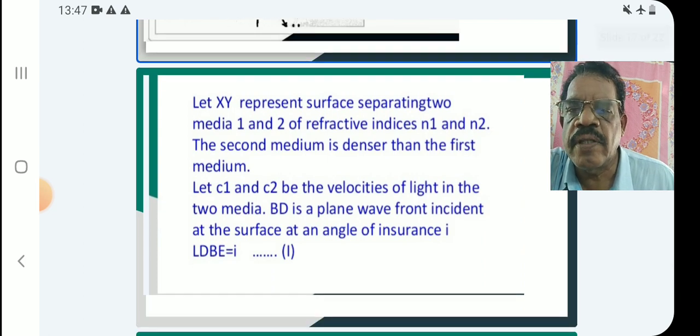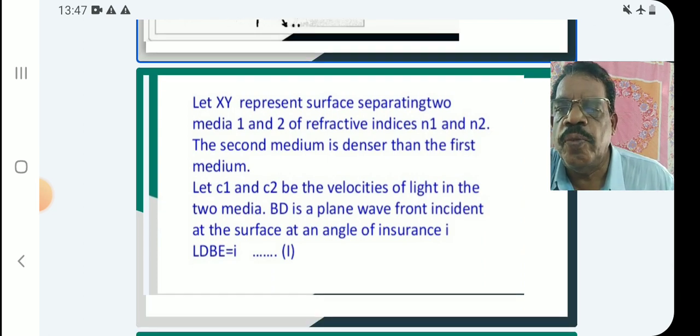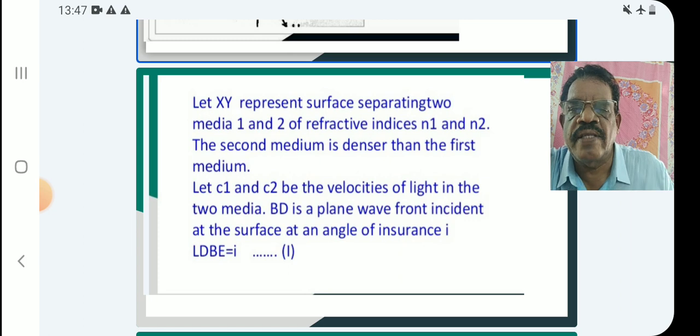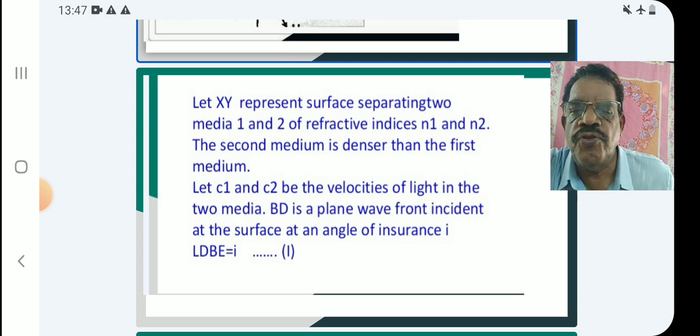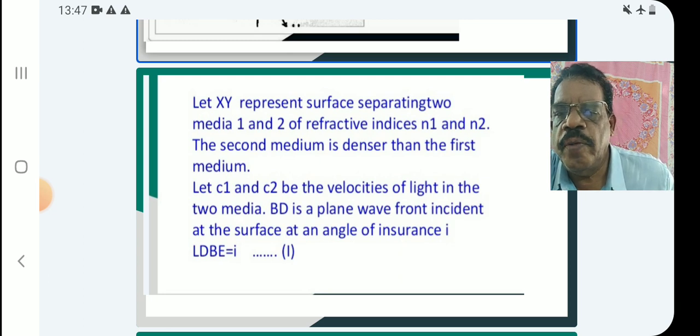Let XY represent the surface separating two media, 1 and 2, of refractive indices N1 and N2. The second medium is a denser medium, denser than the first medium. Let C1 and C2 be the velocities of light in the two media.